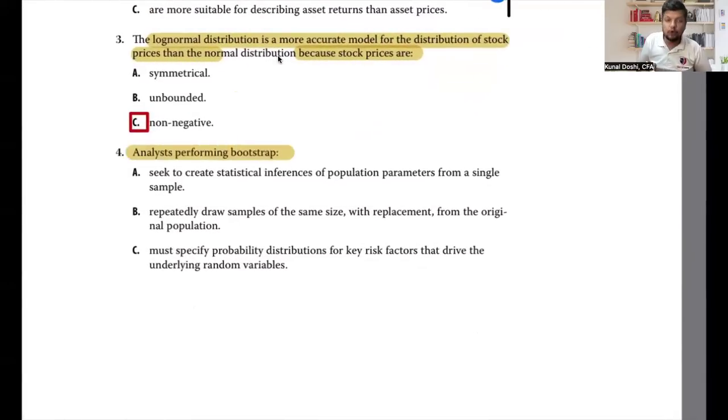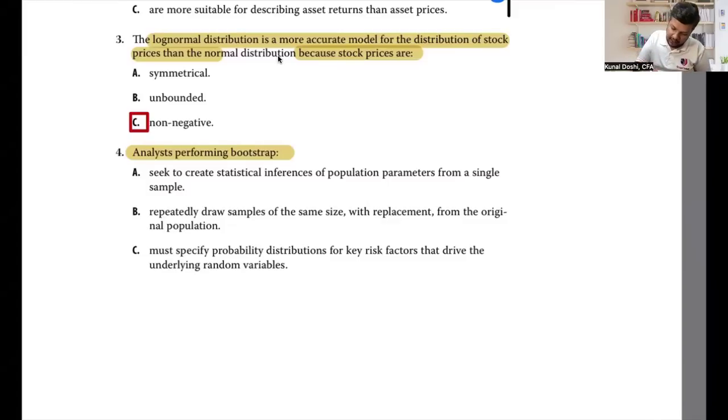Analyst performing bootstrap. What is bootstrap? See, bootstrap is a process where you're constantly, you can imagine, drawing samples of the same size from the pool of population. You're constantly repeating the process. And here, if you take the help of computers, it can turn into a Monte Carlo simulation, right? But in bootstrapping, you are repeating the process of drawing samples of the same size from the population.